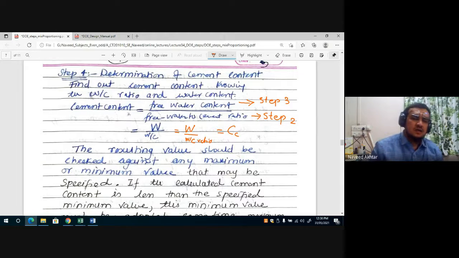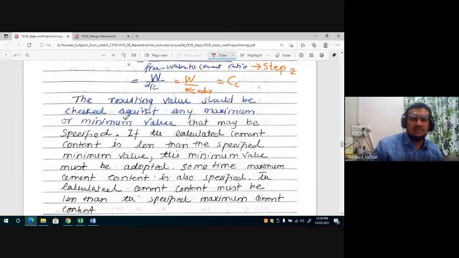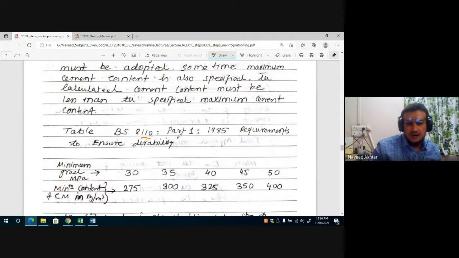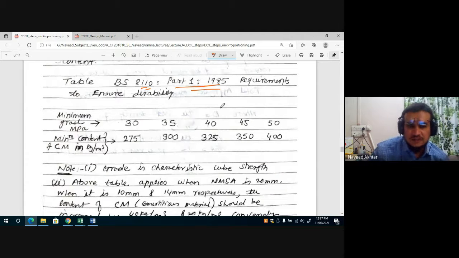Okay. So the resulting value should be checked against any maximum or minimum value that is specified, any minimum cement content or maximum cement content. The table of BS 1810 part 1 1985 gives certain minimum requirements of cement as per the grade and the durability requirement.